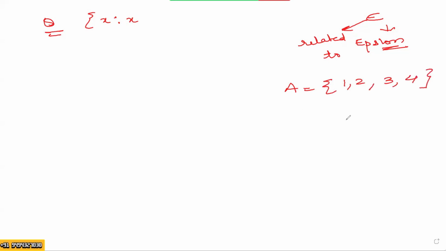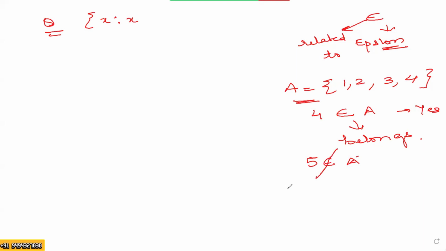If I'm asking whether 4 belongs to A or not, 4 is related to this set A. Yes, ma'am, it belongs. So this symbol means belongs to. And does 5 belong to A or not? No. So you will cross that symbol like this. So 5 does not belong to A.